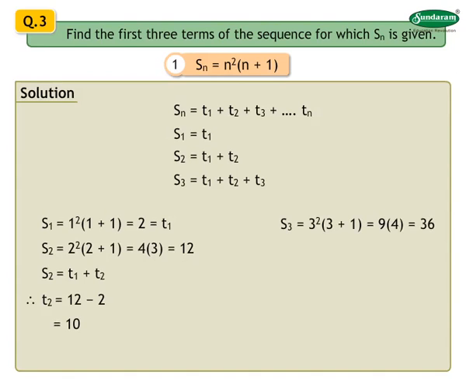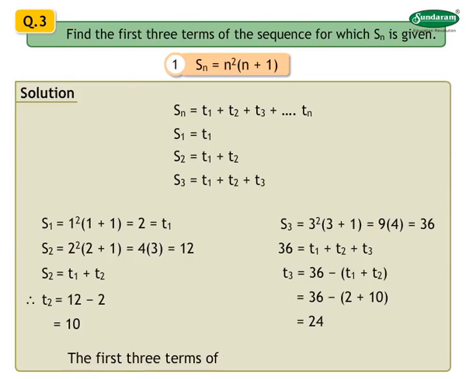S3 = 3²(3 + 1) = 9 × 4 = 36. Therefore, 36 = T1 + T2 + T3. Therefore, T3 = 36 − (T1 + T2) = 36 − (2 + 10) = 24. The first 3 terms of the sequence are 2, 10, 24.